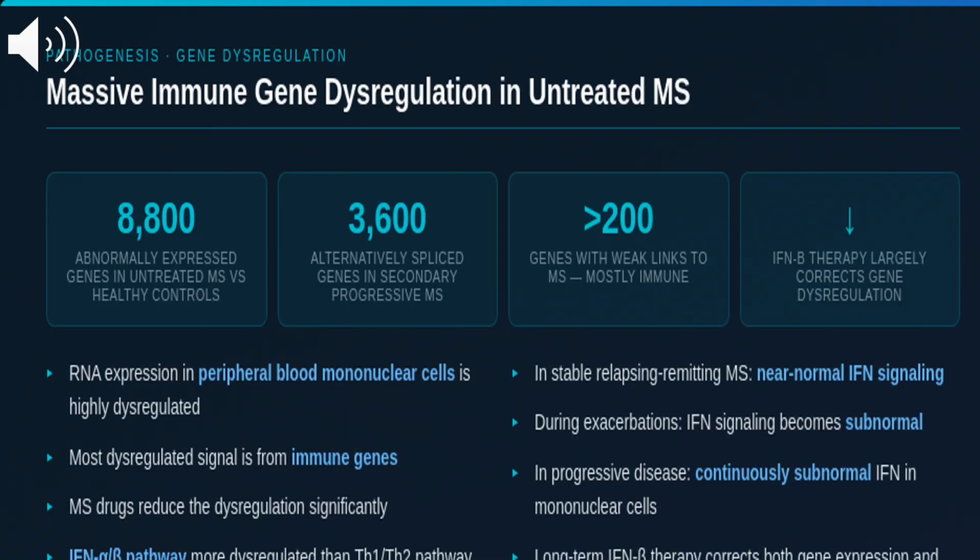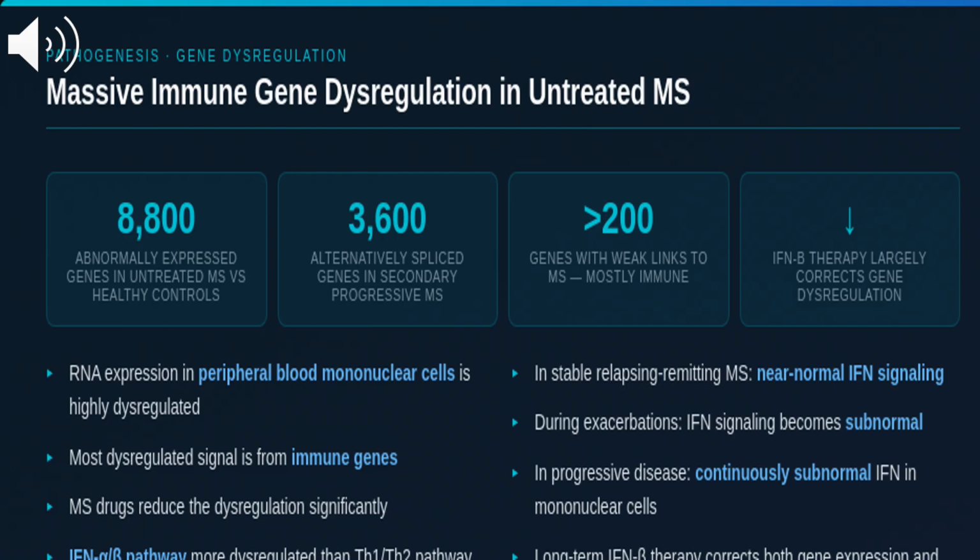I want to pause and emphasize the scale of immune dysregulation in untreated MS because these numbers are extraordinary. When researchers perform RNA microarrays on peripheral blood mononuclear cells, cells that are readily accessible in the bloodstream, they find that 8,800 genes are abnormally expressed in untreated MS patients compared to healthy controls.